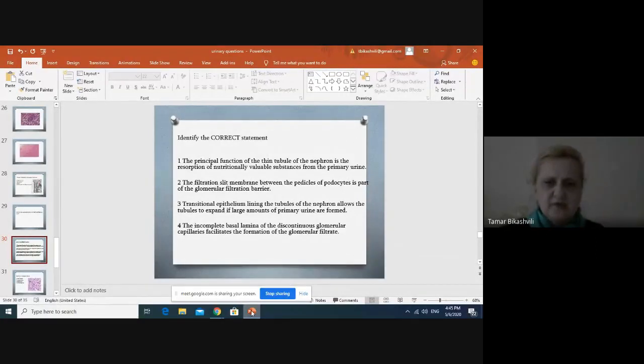Here is a very thick basal membrane, which is formed by the basal lamina of the endothelial cells and of the podocytes, which are also epithelial cells.